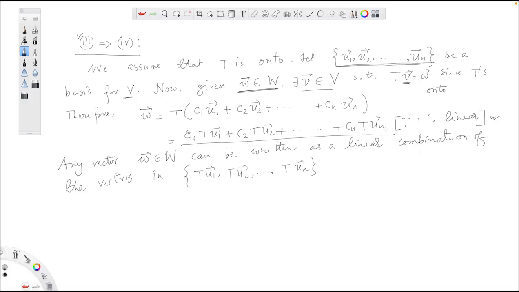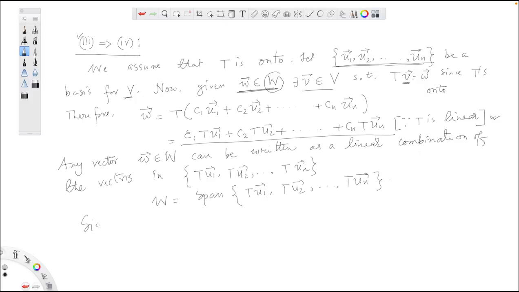Which means that this vector space W is the span of these n vectors TU1, TU2 all the way up to TUN.